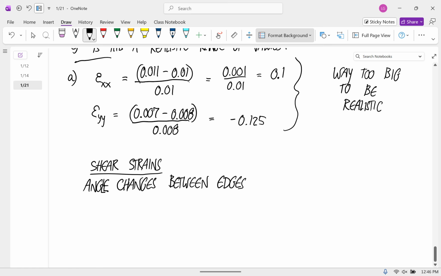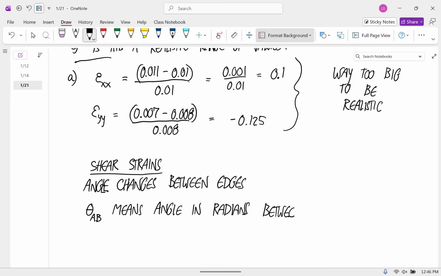And I'm going to use a notation where I say, okay, this angle theta AB means the angle in radians between the positive A and positive B faces.